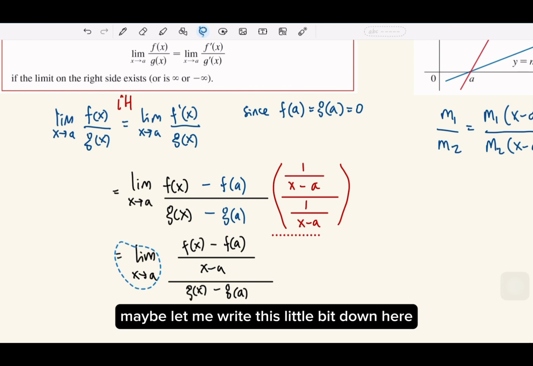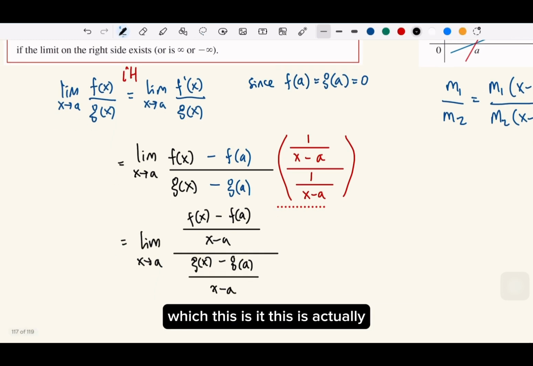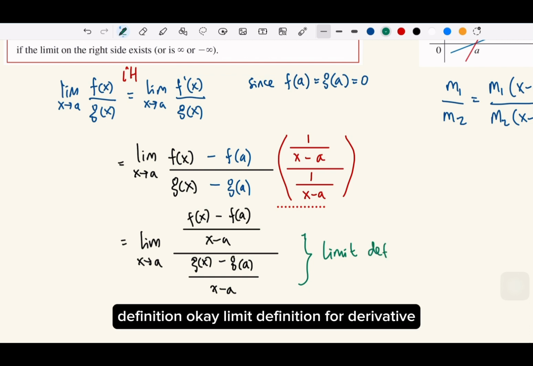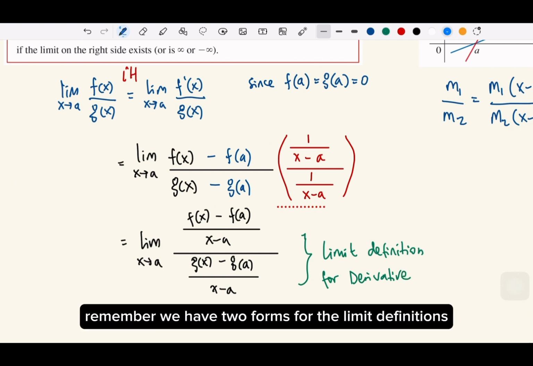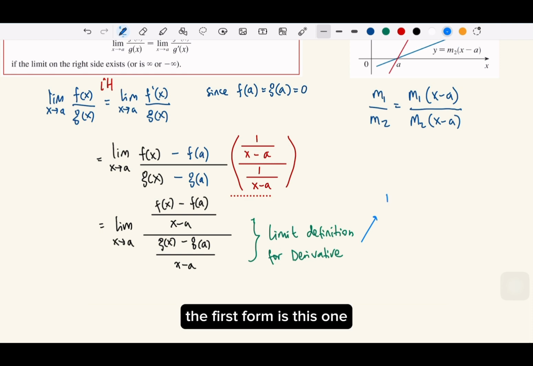This is actually the limit definition for the derivative. Remember, we have two forms for the limit definitions. The first form is this one.